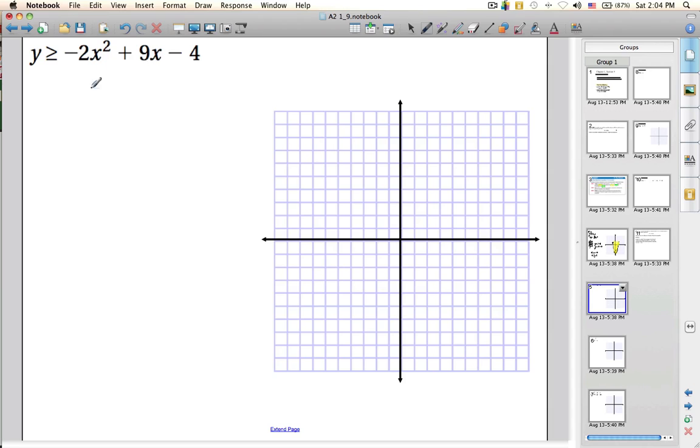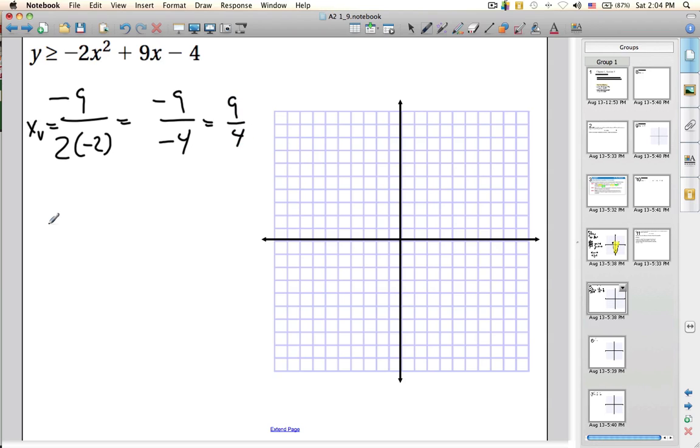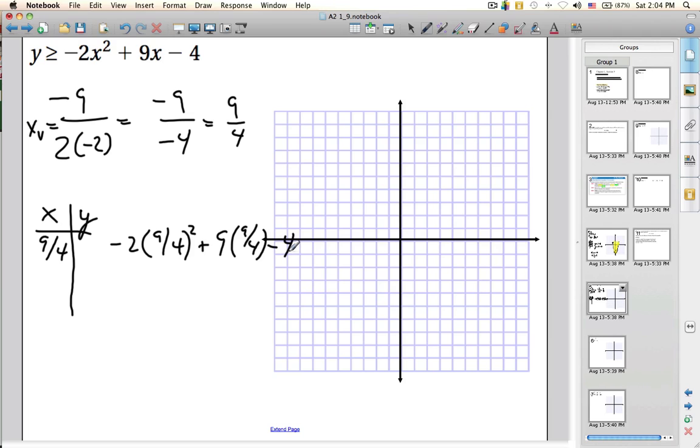I again want to find my vertex, so I have the opposite of b over 2 times a. So I'll have -9 over -4, -9, so that'll be 9/4. That's not a super fun coordinate, but that's right, it'll give us some practice with fractions. When I plug 9/4 in here, I'll have -2 times 9/4 squared plus 9 times 9/4 minus 4.